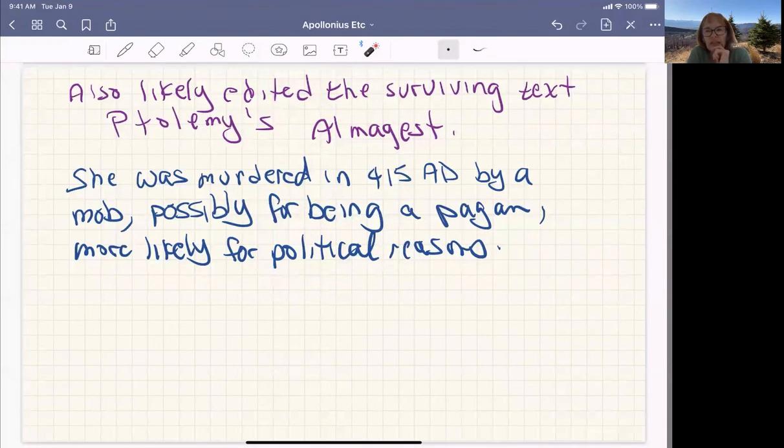According to the ancient accounts, it's possibly for being a pagan, and more likely than that is for political reasons. In any case, she was influential at the time. She had a lot of students. This mob and the leader of the mob didn't like what she was teaching, and so the mob murdered her, and so she came to a sad end.